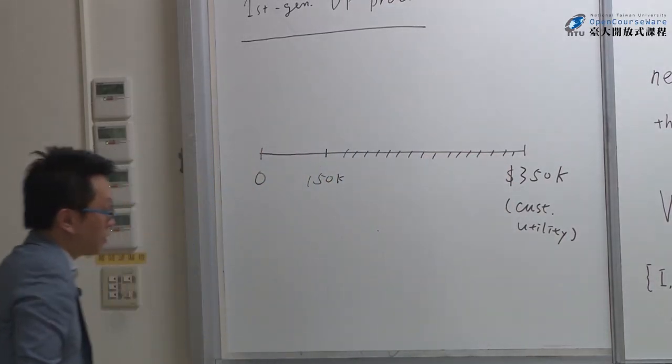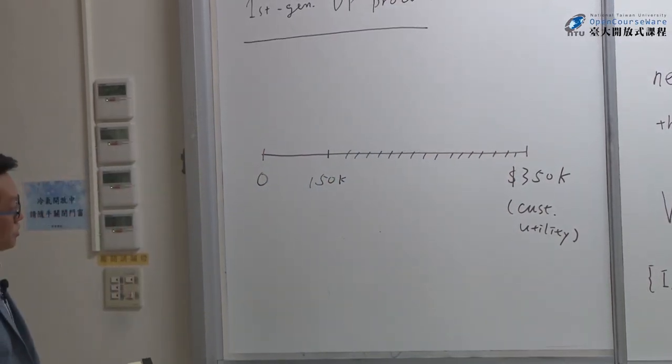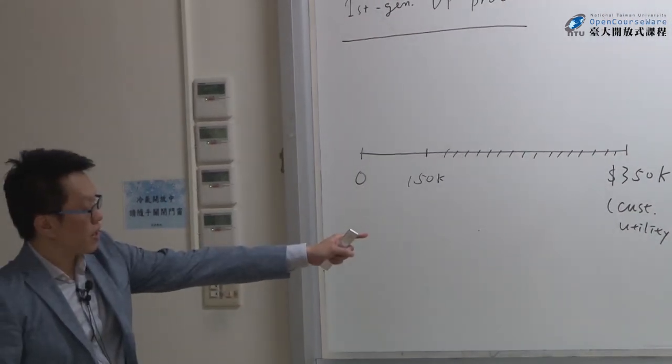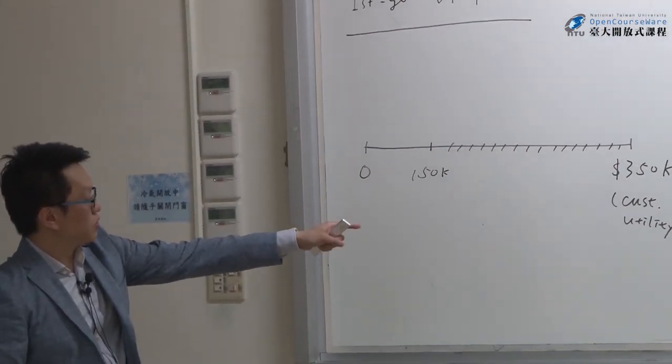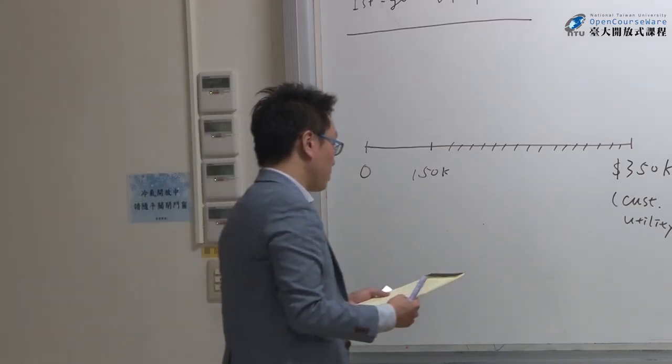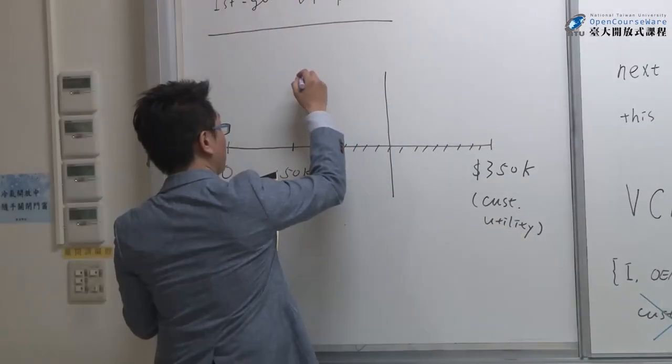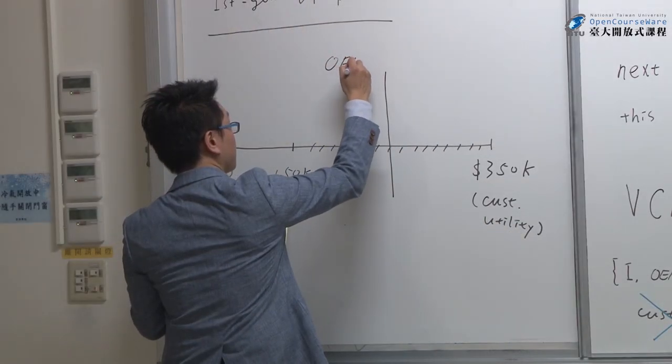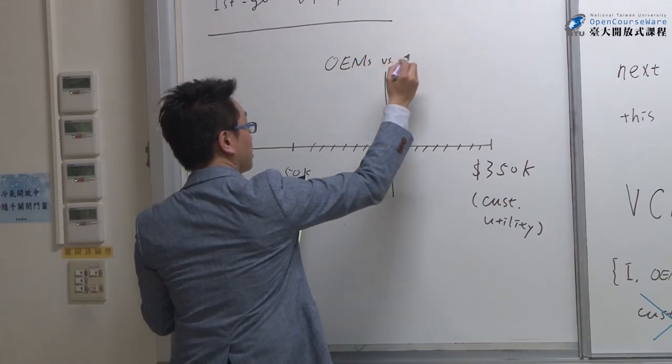As you do in value analysis in strategic management, we take customer utility minus production cost, and then we bargain between OEM versus retailer.